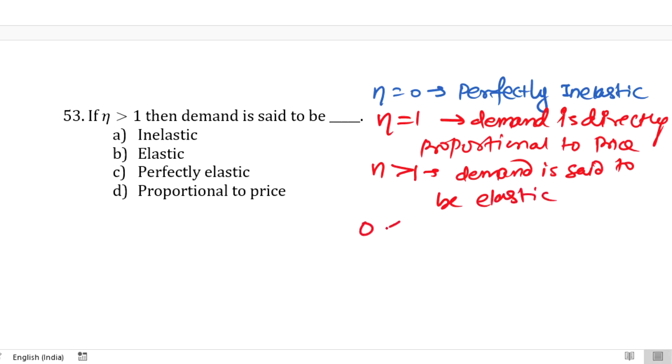And if it lies between 0 and 1, then it is said to be inelastic. So this question says elasticity is greater than 1. What is the right answer? It is said to be elastic. Clear? Let's move on to the next question.